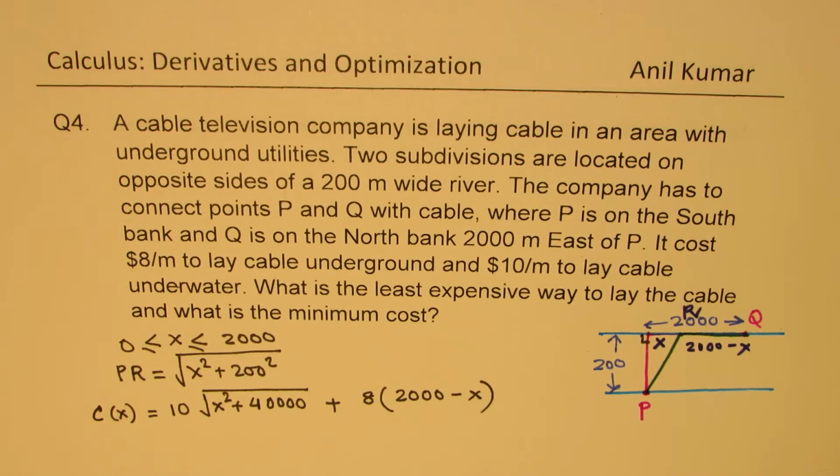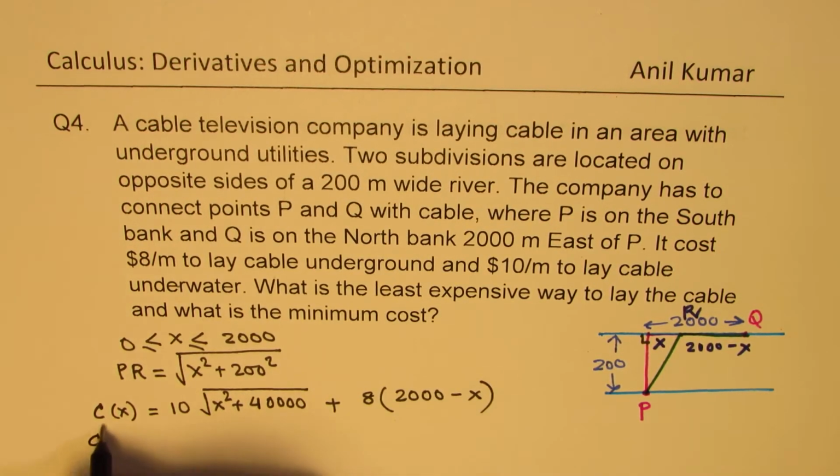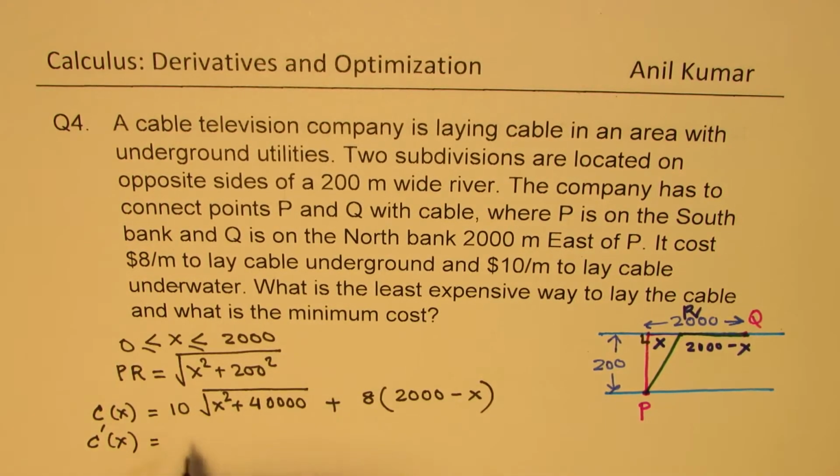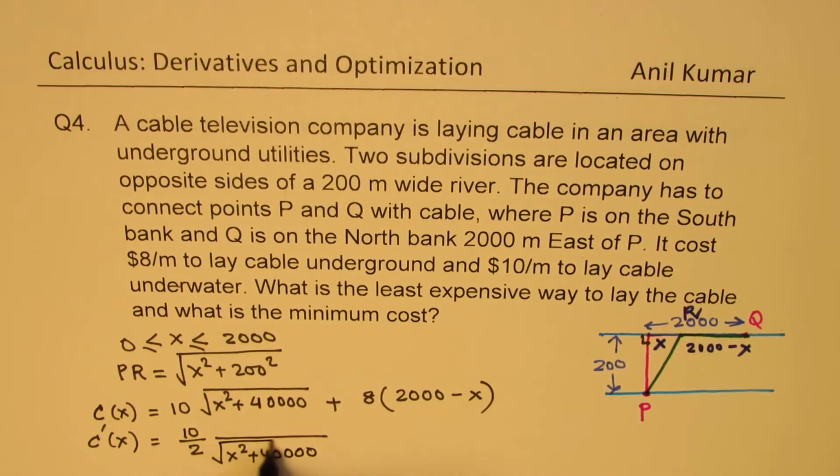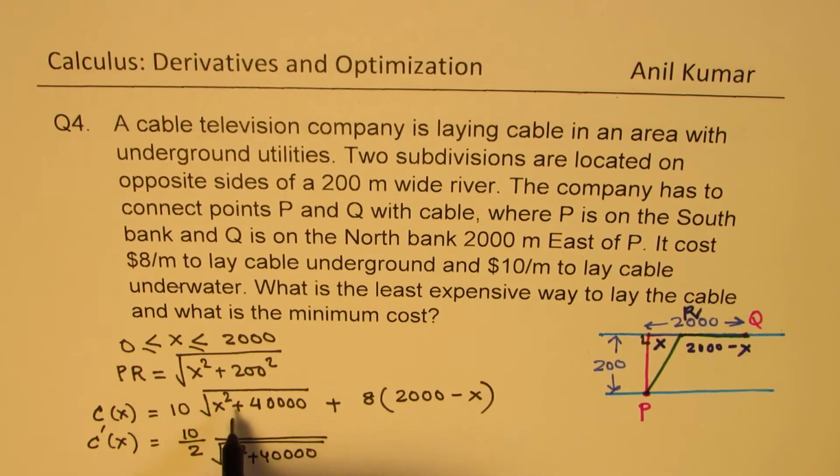Now, to find the critical number, we'll find the derivative of this expression. The derivative, this is a square root function, right? So that is half of this to the power of minus half, so we get the square root of x squared plus 400, times the derivative of the inside function, which is 2 times x.